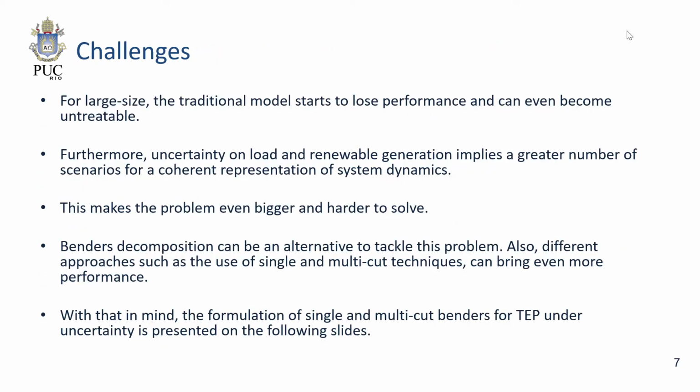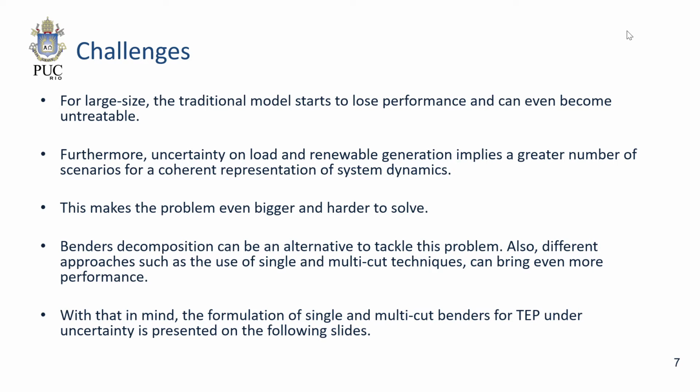So what's the challenge here? We have large size problems that lose performance and become untreatable as they grow. Furthermore, uncertainty on load and renewable energy require more scenarios to fully represent them. This makes the problem too big to solve in traditional ways, and then we use Benders to actually tackle the problem.